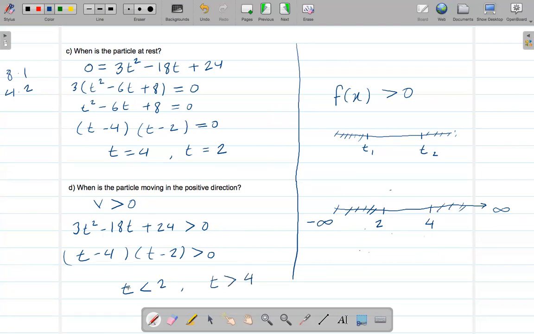Okay, so that's the answer to this question: when is the particle moving in the positive direction? At these times, it is moving in the positive direction.